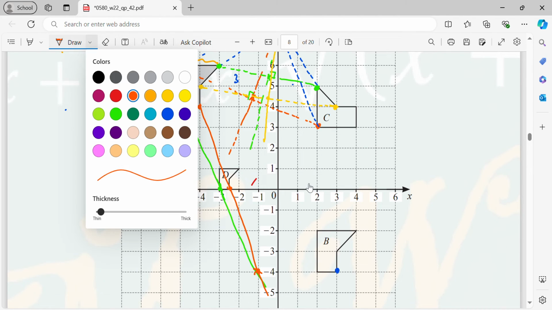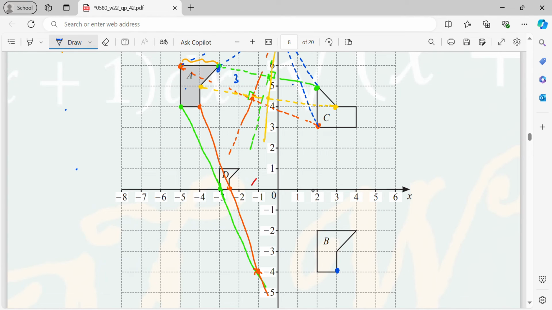And the same goes for the other line. This point corresponds to here, so just join using a ruler. Then you will find that it actually intersects at -1, -4.